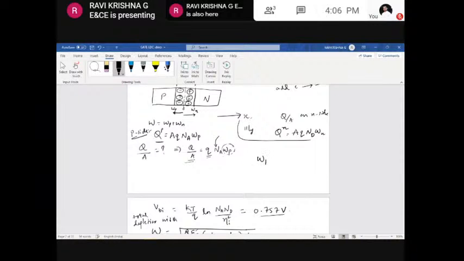We know that the depletion width on the P side region is equal to the doping concentration on the N side, ND, divided by NA plus ND, into the total depletion width. How did we obtain this? By simplification again, because if you simplify W equals WP plus WN, you will get this equation.